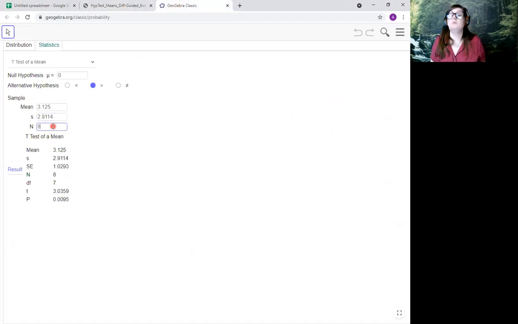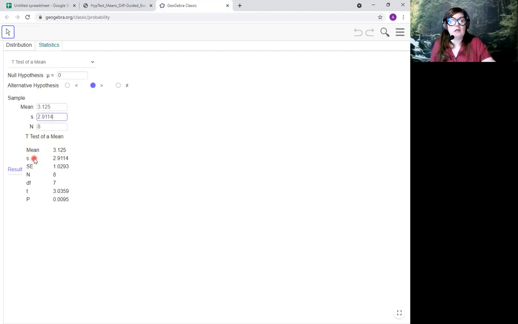Notice that it did cut me off, and that's fine, but I don't want to round too early. Notice how things change if I start rounding this S. Do you see those numbers change? I want to be careful. If you round your standard deviation too early, that's going to throw everything else off.